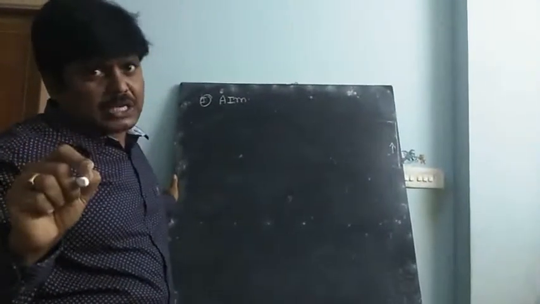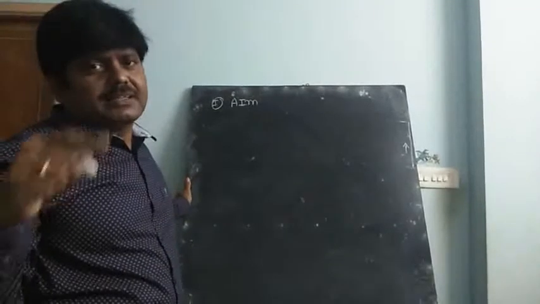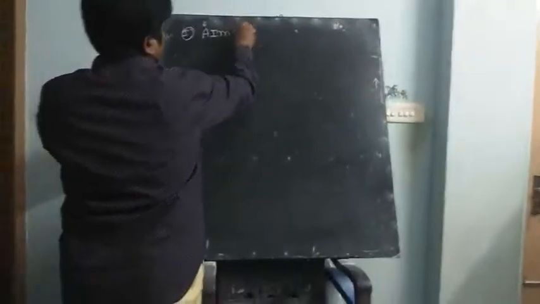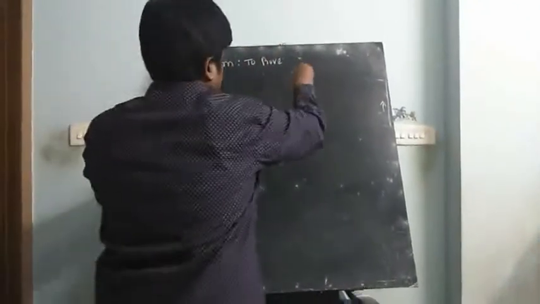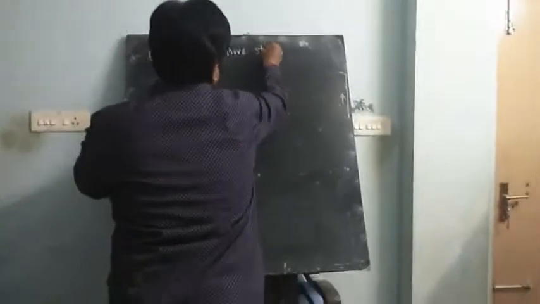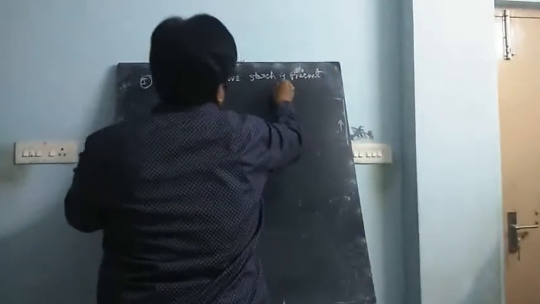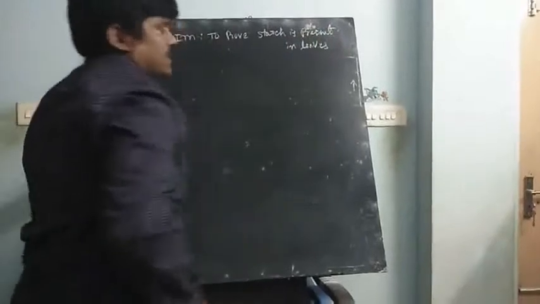That is our question. So the aim: to prove starch is present in leaves. Clear?